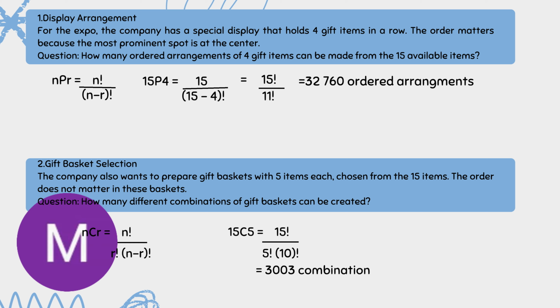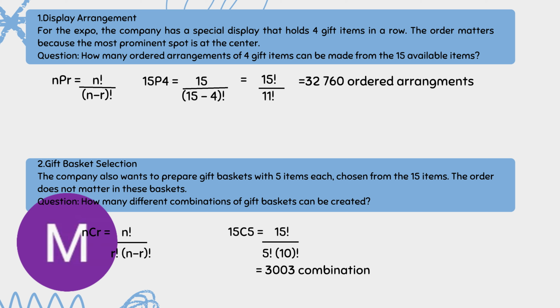In this situation, we use the combination formula, nCr equals n factorial divided by r factorial times n minus r factorial. We have 15 items and we want a combination of 5.